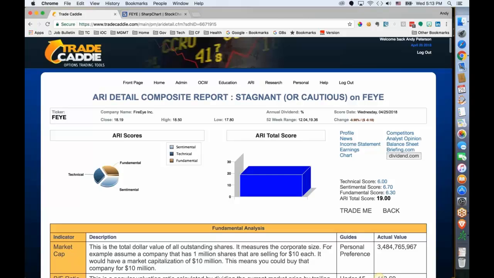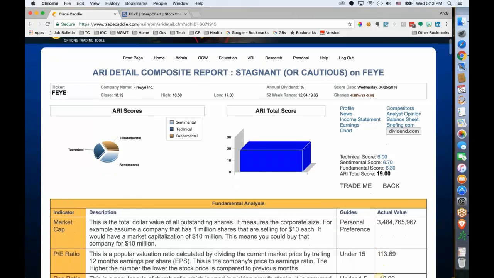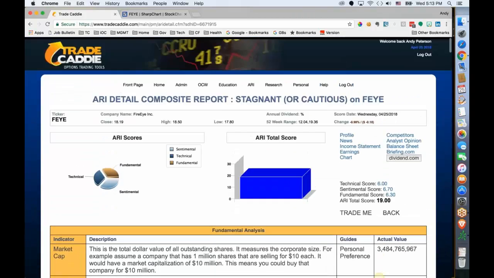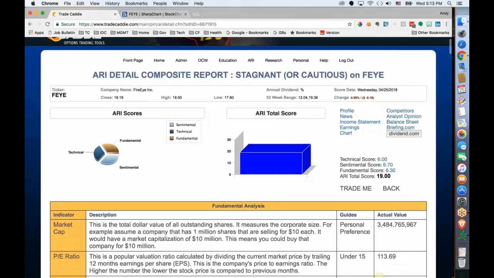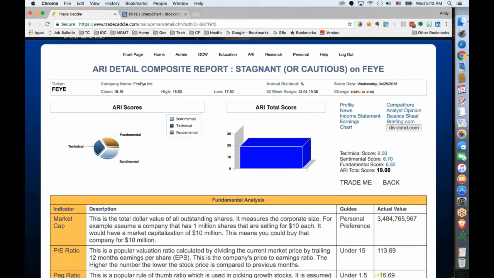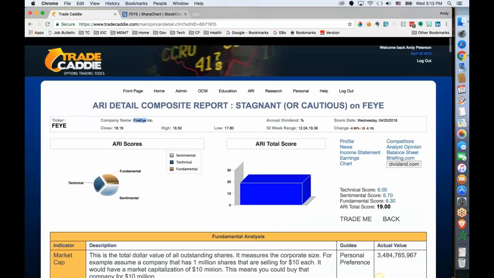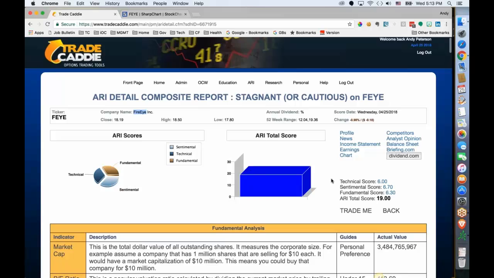FEYE, FireEye Inc. And again, like I said in the beginning, we're basically just flying blind, just showing how to do analysis with TradeCaddie. I have no idea what FireEye even is. I think I've heard of it before, but we don't know. If we were looking at the fundamental score, we would know much more about FireEye, but we haven't talked about it.